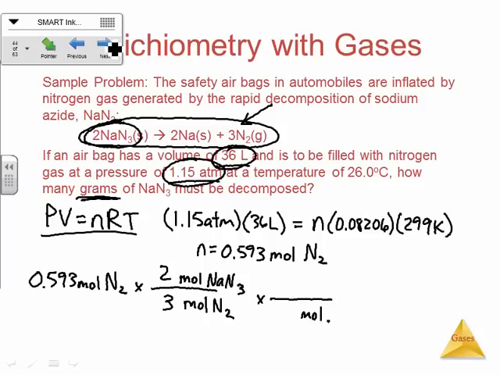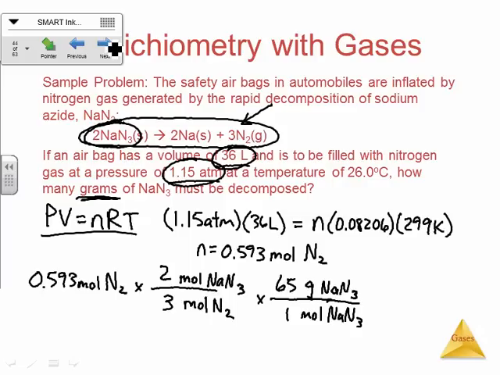And then we're going to go from moles of NaN3 to grams of NaN3, and I have to do some molar mass here. I'm going to be a little bit approximate here. Sodium's about 23, and nitrogen's about 14. There's 3 of those, so we're talking about 65 grams in 1 mole.